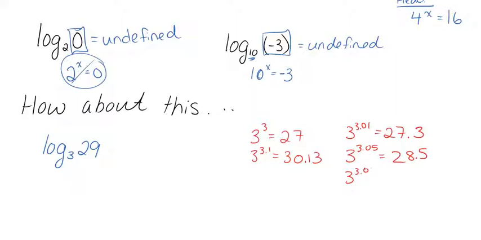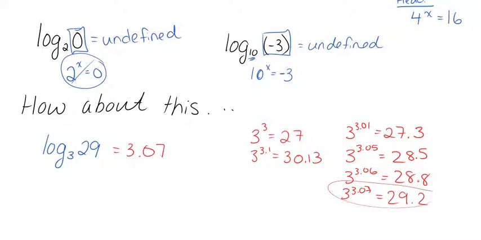Let's try 3.06, see what we get. 3 to the power of 3.06 is 28.8. I'm just going to try 3.07. That is 29.2. So somewhere in between there. So we could say maybe 3.07. Kind of annoying to solve it like that though.